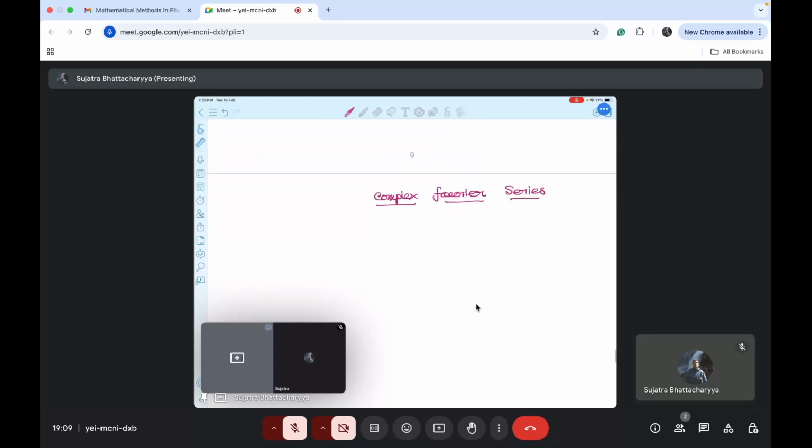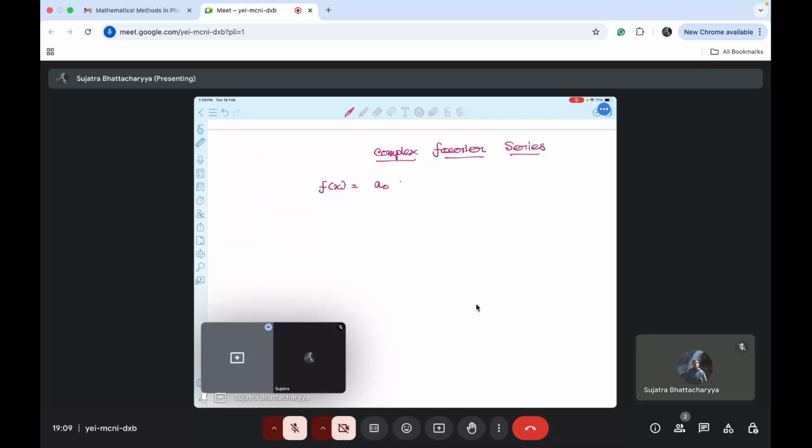All right. So, yeah, the next thing is the complex Fourier series. Before that, just let me write the expressions again, which is a naught plus summation k is equal to 1 to infinity.